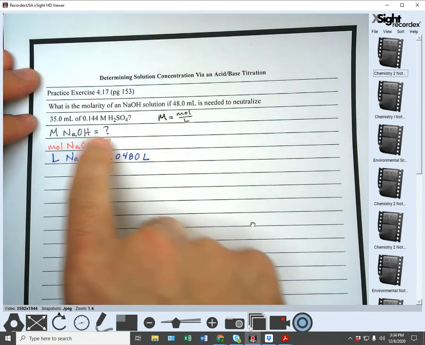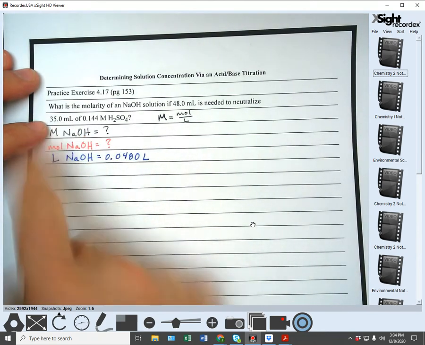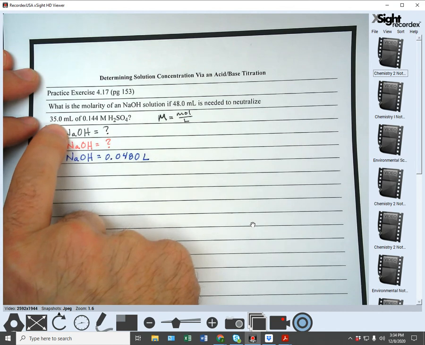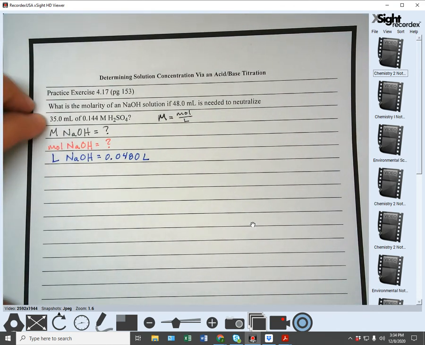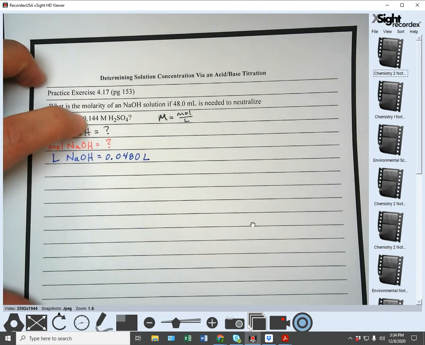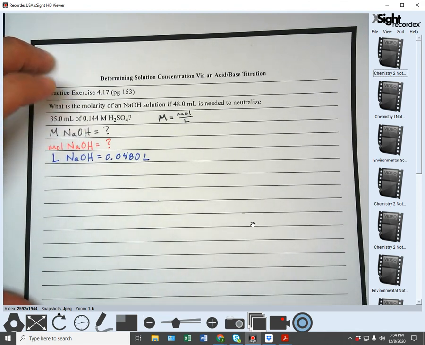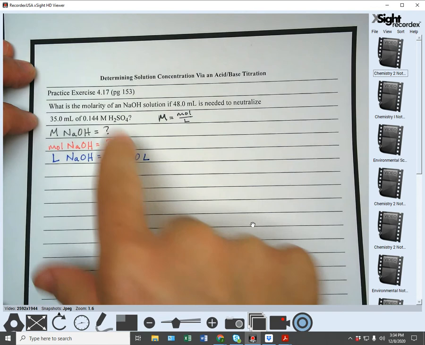Well, what else do we have here? We're told we've got the milliliters and the molarity of H2SO4, right?